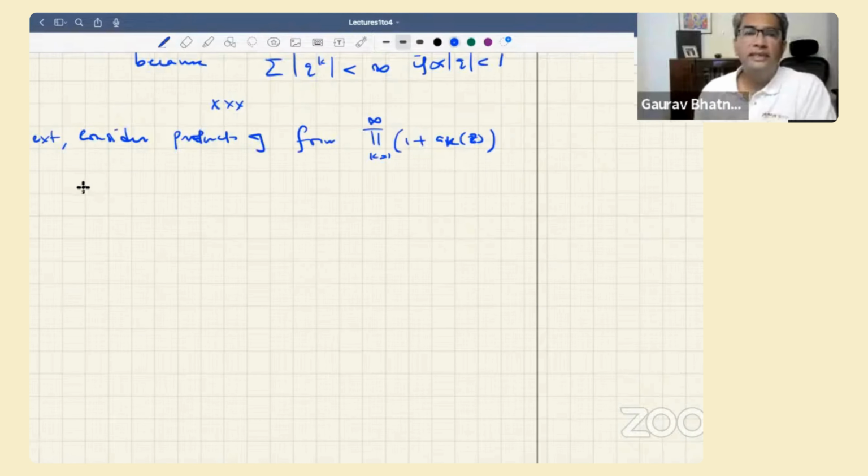So of course there are issues at zeros of the factors.